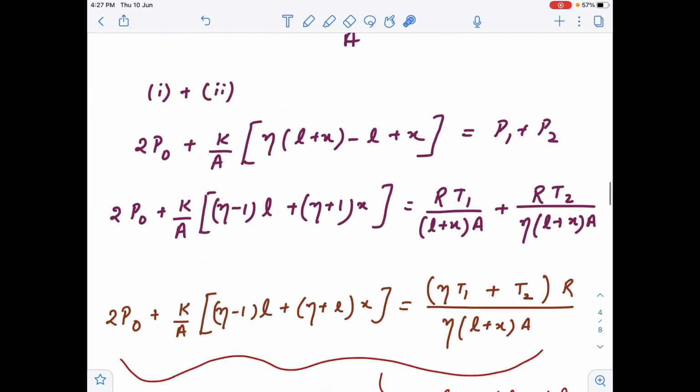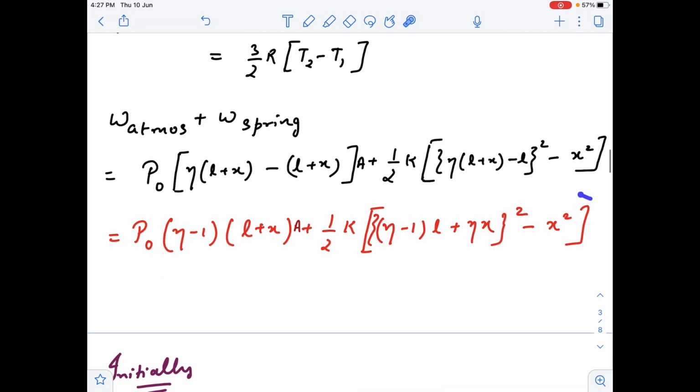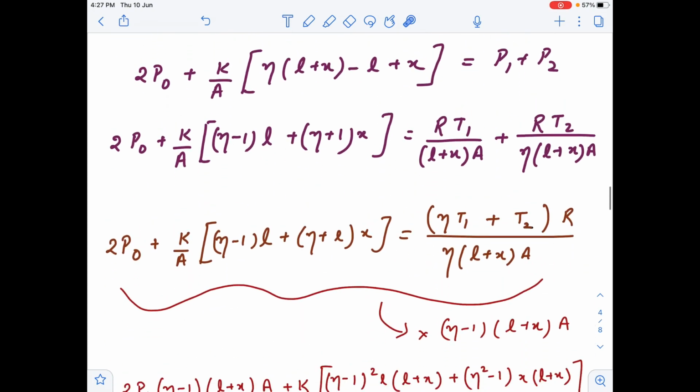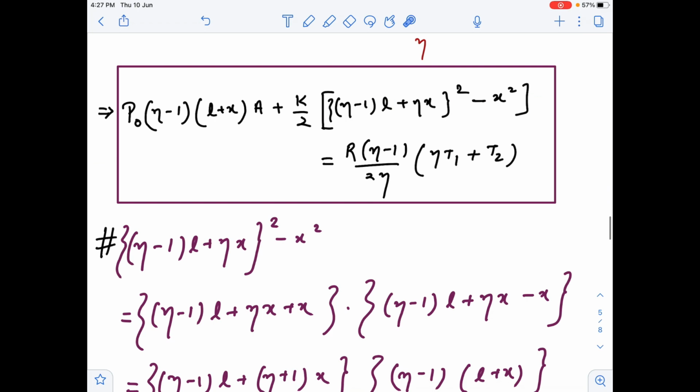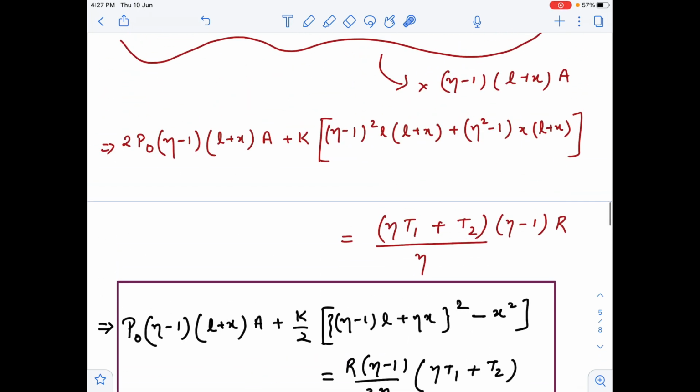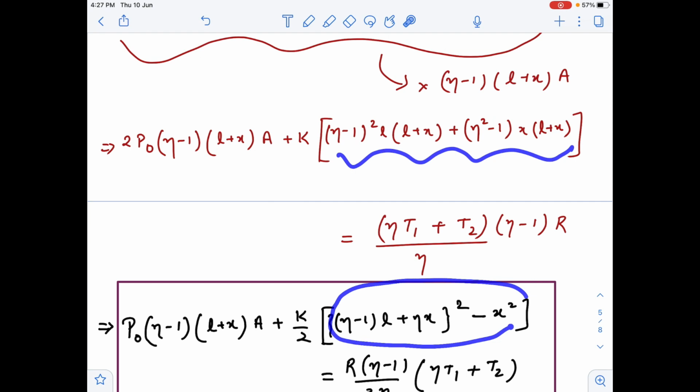Why am I doing this? Because I need to eliminate this L plus x term. I don't want this x because x is unknown, and we will get the value of x from this equation. Nice, very nice. As you can see, I have written this term like this.